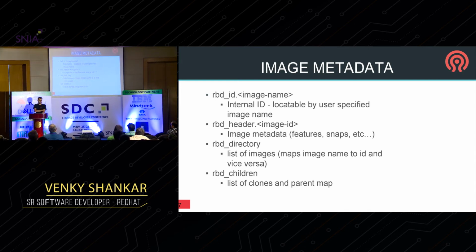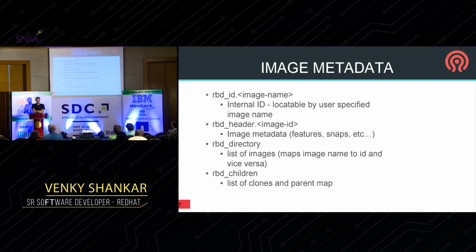Then we have a header object. This is an important one because many things are done with the header object. All the locking is orchestrated by the header object. The header object stores the features as attributes, things like exclusive lock and fast-diff and others. All of these are attributes in the RBD header object, along with the number of snaps you're taking, the current snap ID, and things like that.